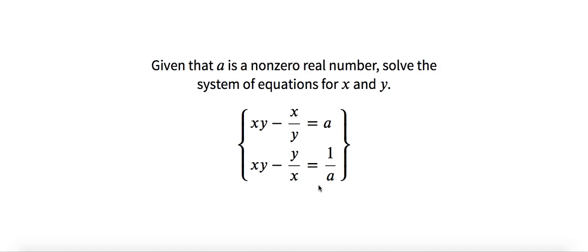For the second equation, both y and 1 over a are not equal to 0. x minus 1 over x is not equal to 0, meaning that x is not equal to 1 or minus 1. So, both x and y are not equal to 1, 0, or minus 1.